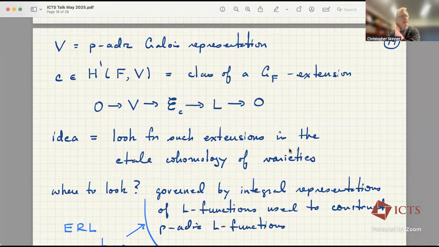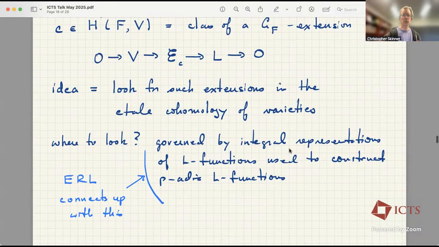So L is, again, this finite extension of Q_p, the coefficient field for my Galois representation V. The isomorphism classes of such G_F extensions can be identified with H^1_F of V, this Galois cohomology group. So one way to define classes is to look for such extensions. One place to look for such extensions is in the cohomology of varieties, particularly open varieties or something like them.